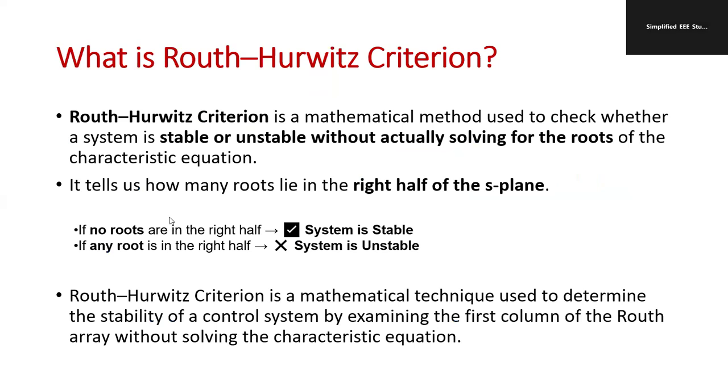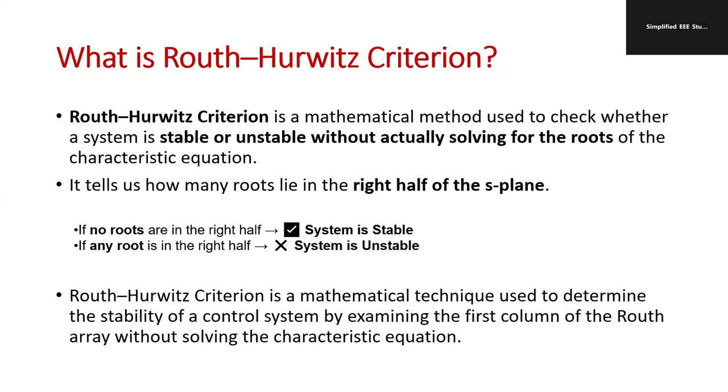It conveys how many roots lie in the right half of the S-plane. If no roots are available in the right half of the S-plane, then we'll say that the system is stable. In case there are roots available in the right half of the S-plane, then we call the system unstable. Kindly draw the diagram like the S-plane, with the s and j-omega axes.